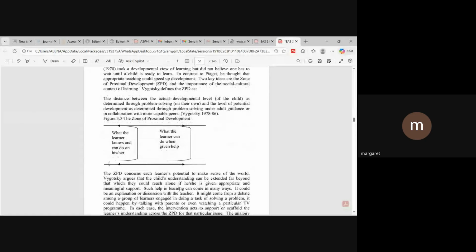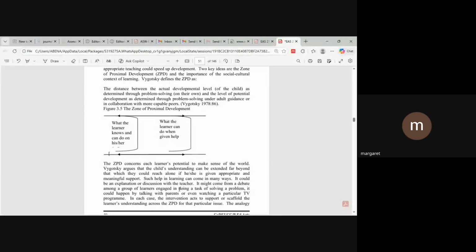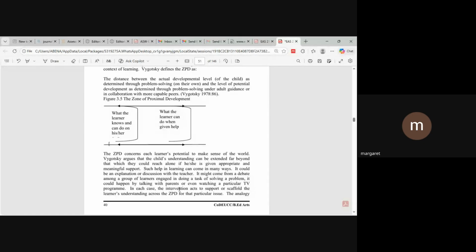The zone of proximal development is here. And then there's something we call scaffolding as well. So I'm showing you a picture that explains the zone of proximal development, and then there's another thing called scaffolding.